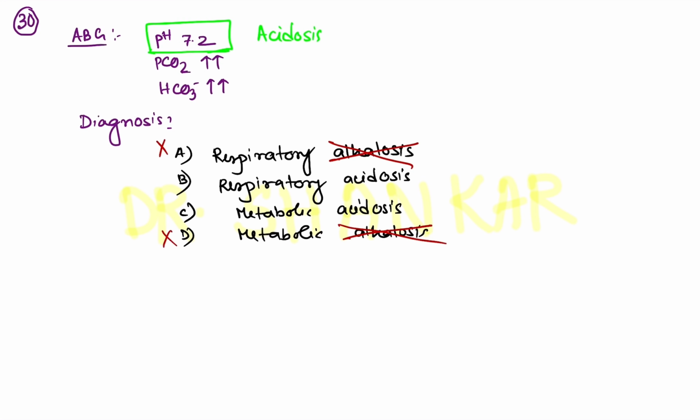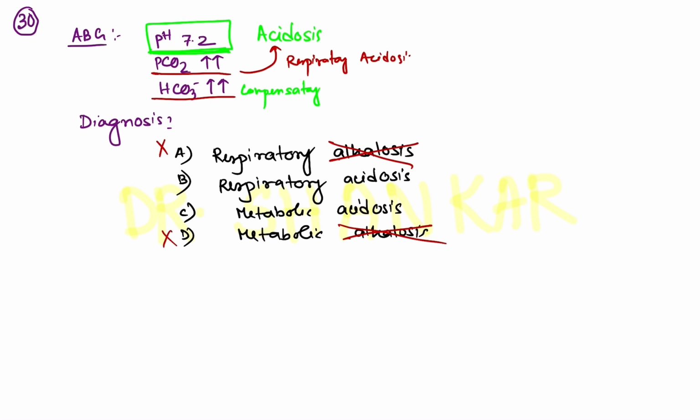And PCO2 is more, carbon dioxide retention causing acidosis means respiratory acidosis, and because of respiratory acidosis there will be compensatory elevation in bicarbonate. This is a compensatory elevation of bicarbonate, but pH is still abnormal, so I think this is partially compensated respiratory acidosis.